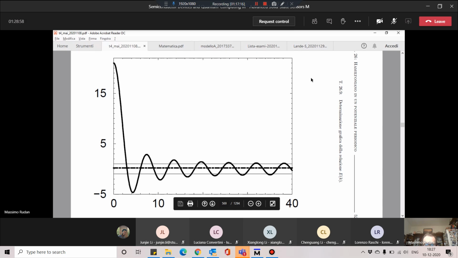The horizontal axis is alpha A. So it is proportional to the square root of energy. When energy is 0, we are in the origin, okay?